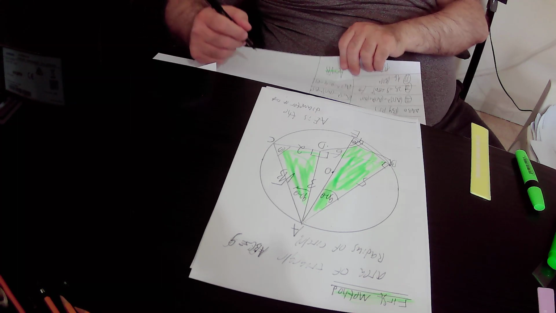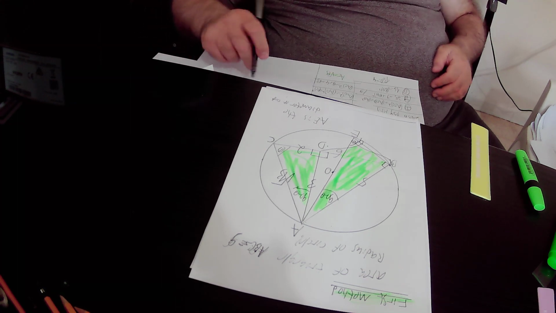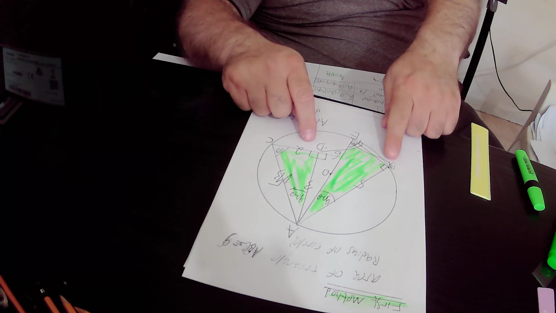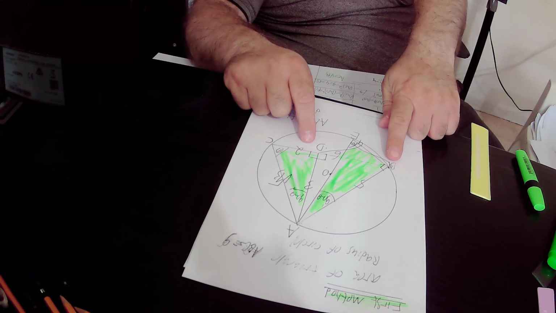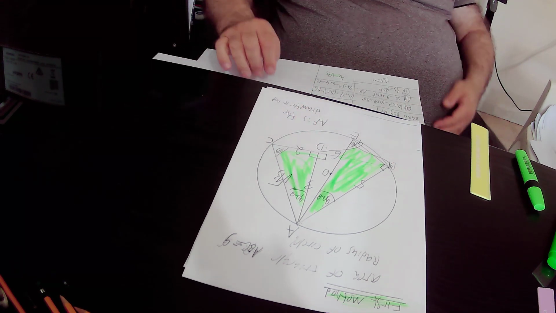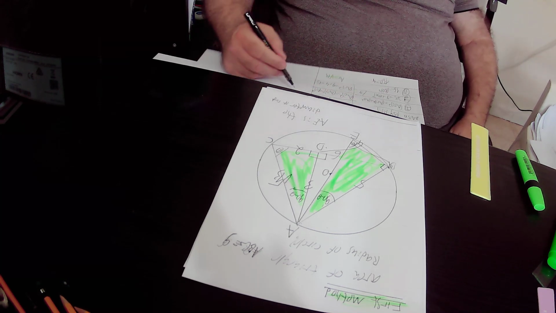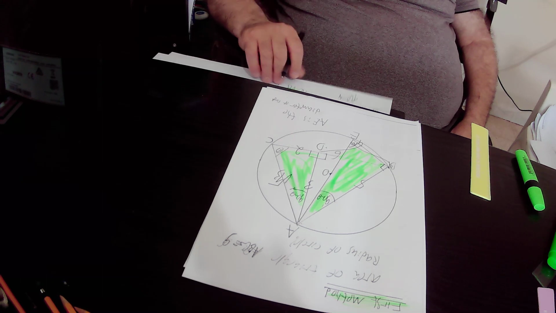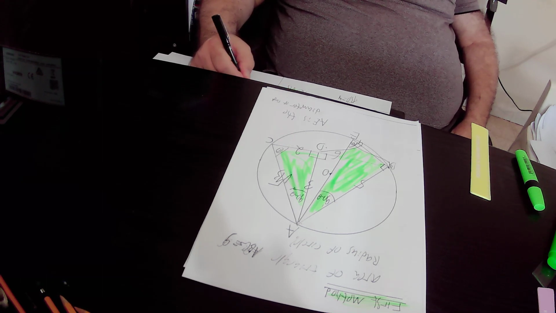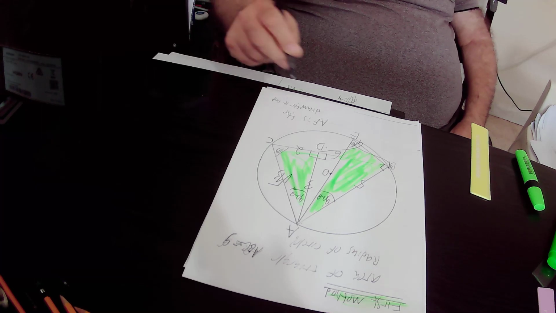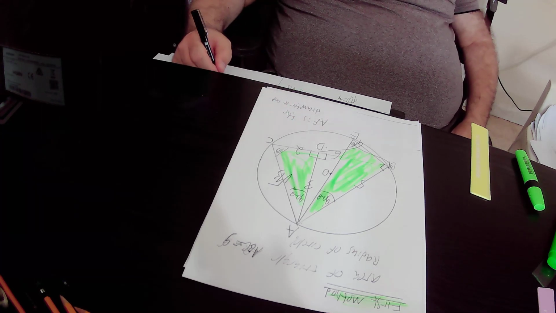So why are those two right triangles similar to each other? First of all, those two angles are both equal to 90 degrees, therefore they are equal to each other. So here we have angle ABE is equal to this angle ADC, and they are both equal to 90 degrees.